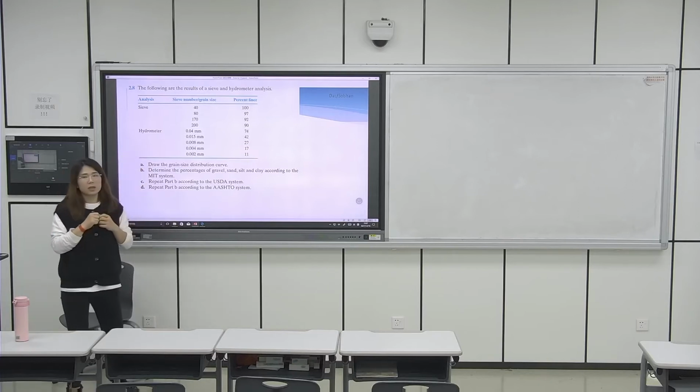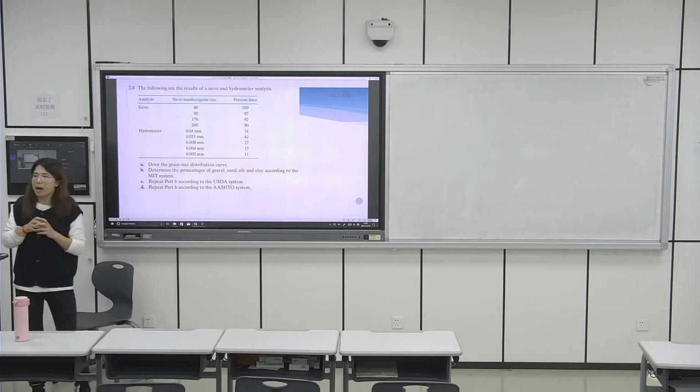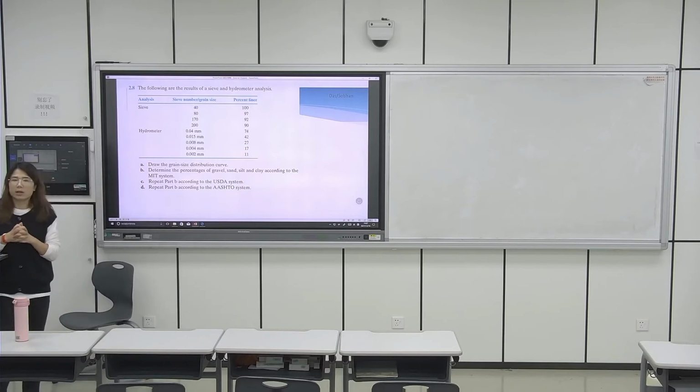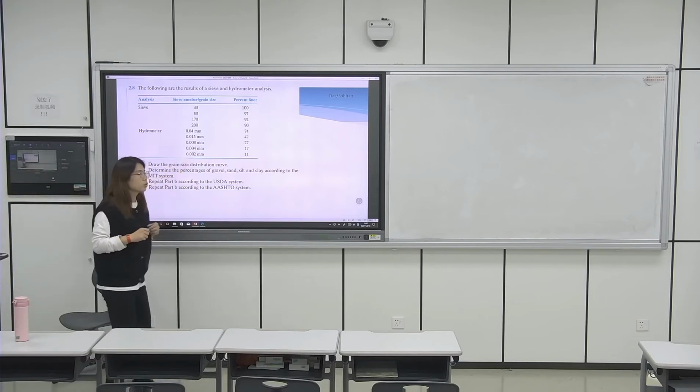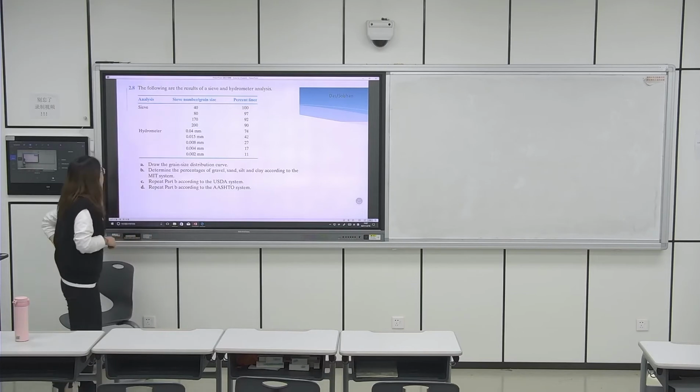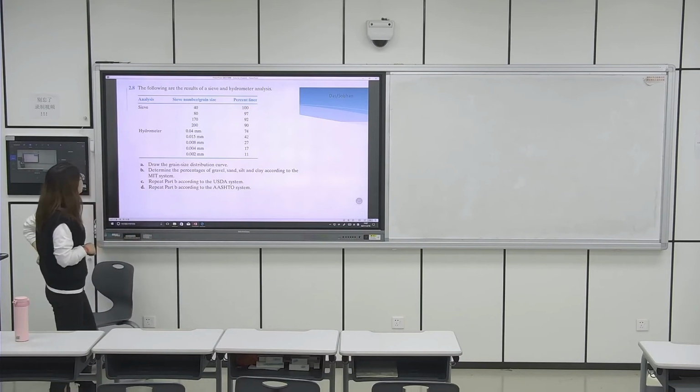The hydrometer can get the particle size distribution for very small particles, even down to 0.002 millimeter. So in here, this question gives us the combination of those two methods.